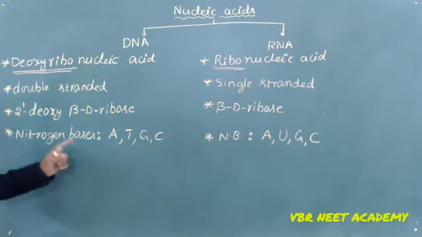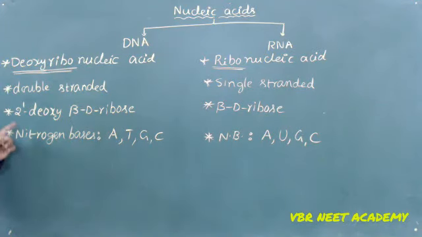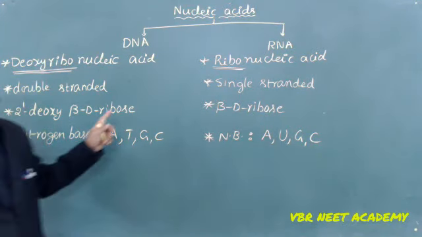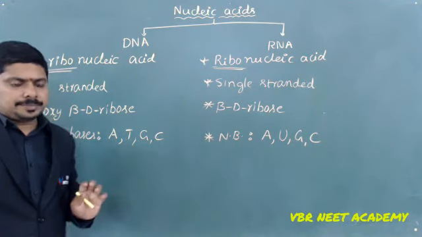So instead of thymine, we are going to have uracil here. That's the difference between the nitrogen bases present in DNA and RNA. Only thymine is replaced by uracil.